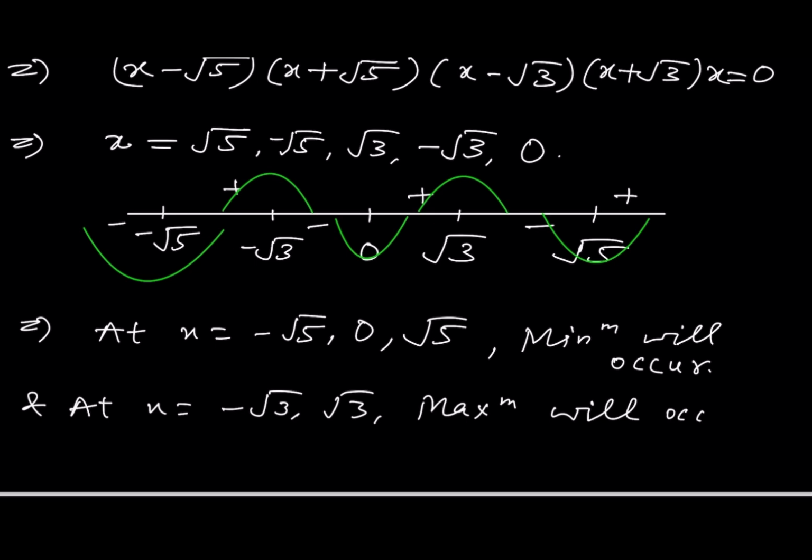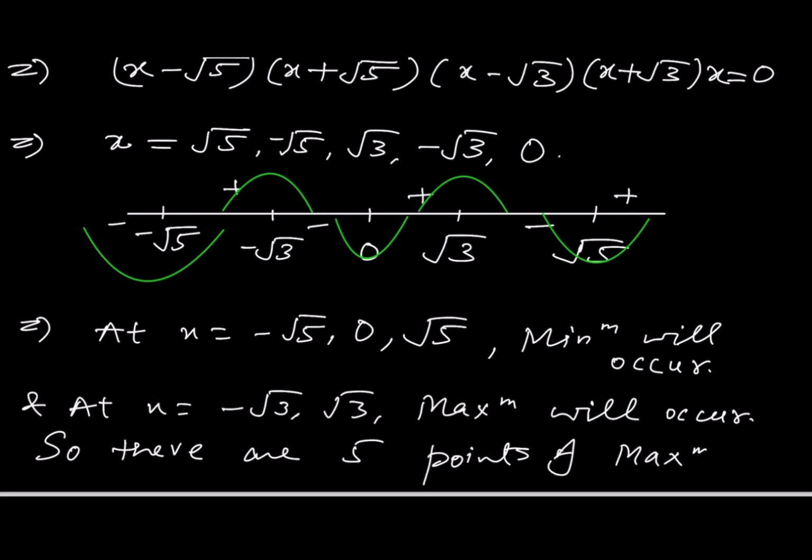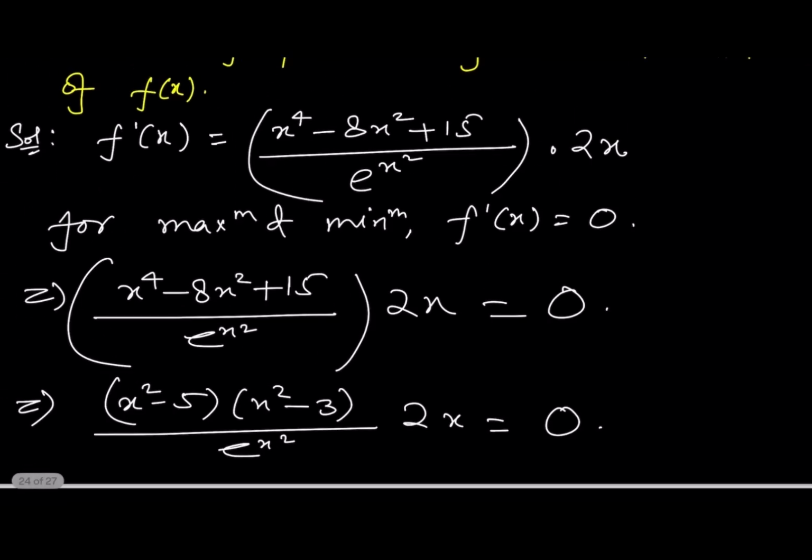So in total there are five points of local maxima and minima. So the answer is 5. Okay.